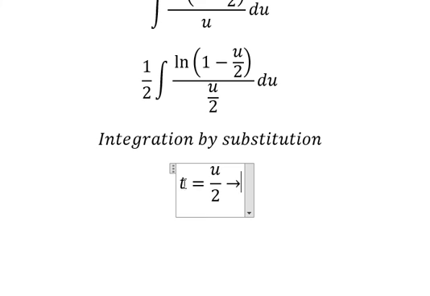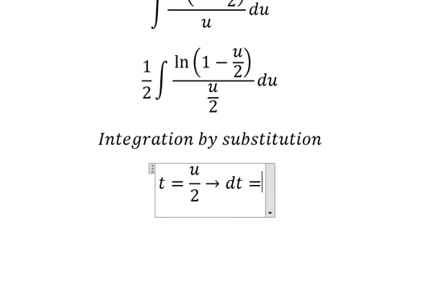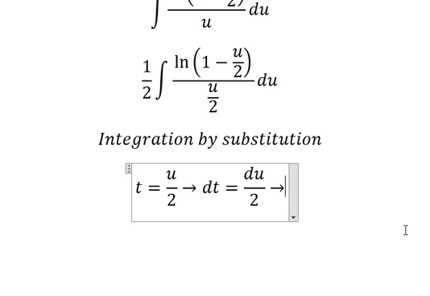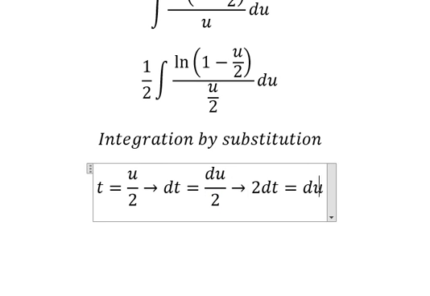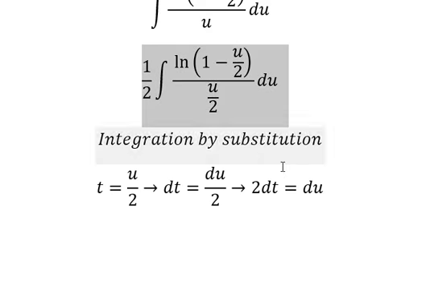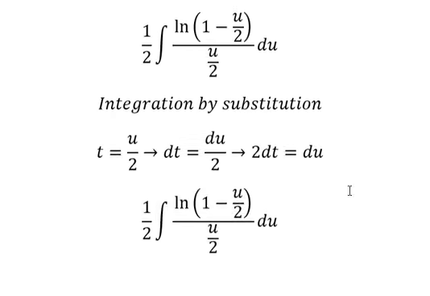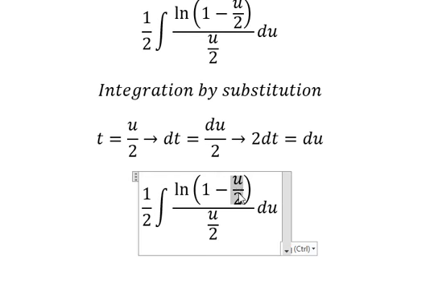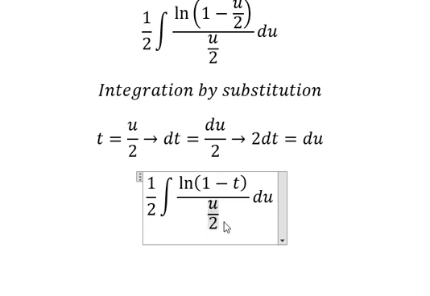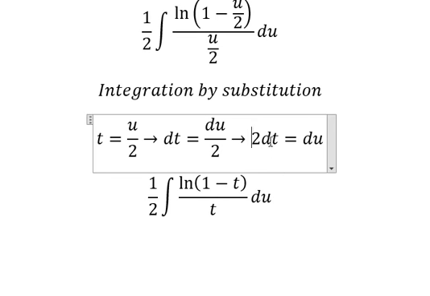So we do the first derivative for both sides, and we have du over 2. We don't have the u over 2 in here, so I will move number 2 to the left. This one we change to t, this one we change to t, the u we change to this one.